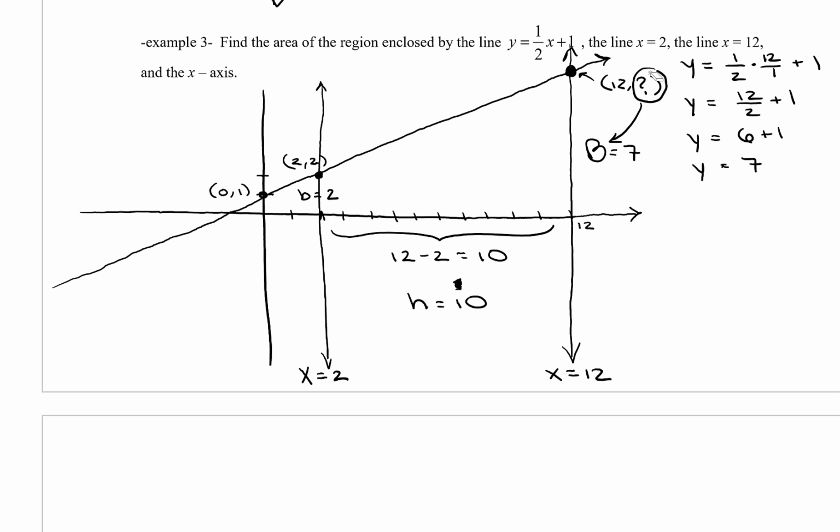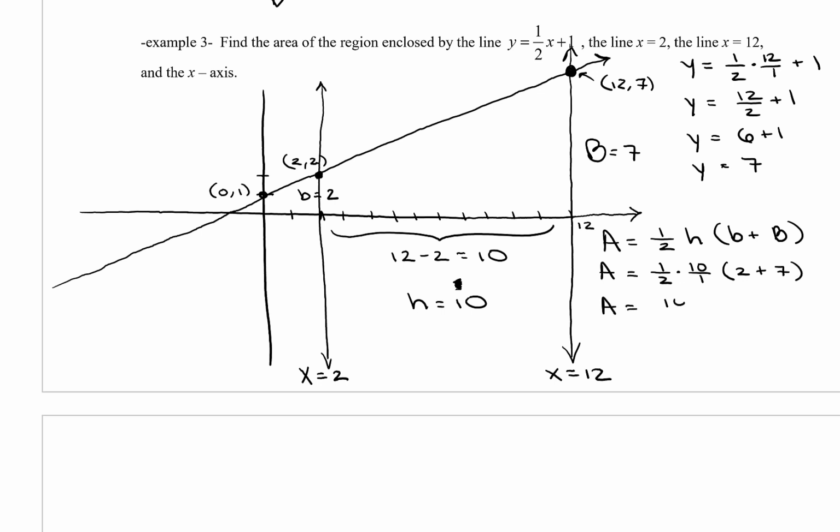Therefore, my formula for my equation that I'm using here, since it is a trapezoid, is going to be A equals 1/2 h times the quantity lowercase b plus uppercase B. And when I substitute in for these values in the formula, I'm going to get A equals 1/2 times, I'm going to write 10 over 1 for the height, times the quantity 2 plus 7 inside parentheses.